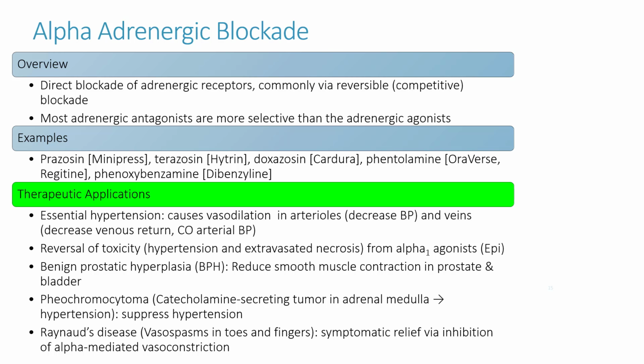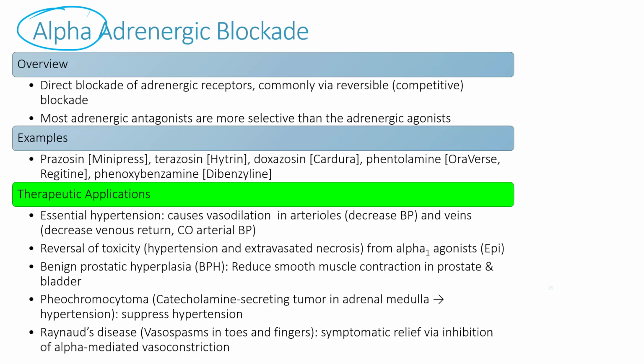Now we're going to look at blocking of the adrenergic receptors. In this one, we're talking about blocking of alpha receptors, right? Most adrenergic antagonists are more selective than adrenergic agonists.